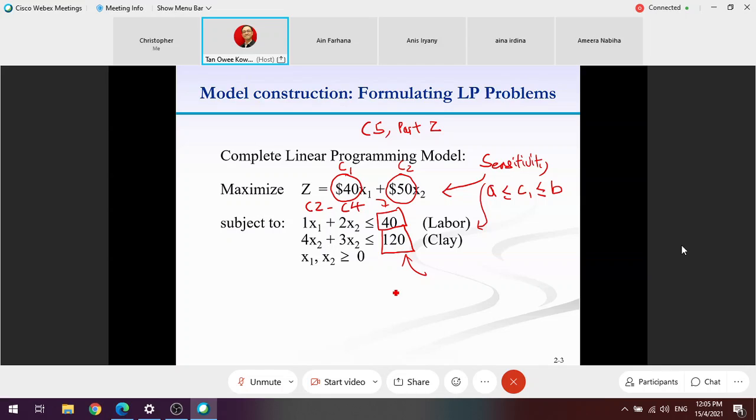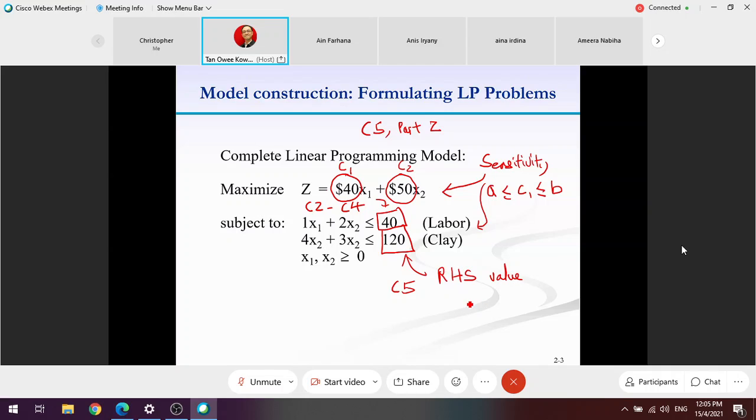From chapter 5 onwards, we're going to call it differently. First, I'm going to introduce another new term. From chapter 5, part 3 onwards, we're going to call these two numbers the right-hand side value. Because these two numbers are at the right-hand side, we call them the right-hand side value.